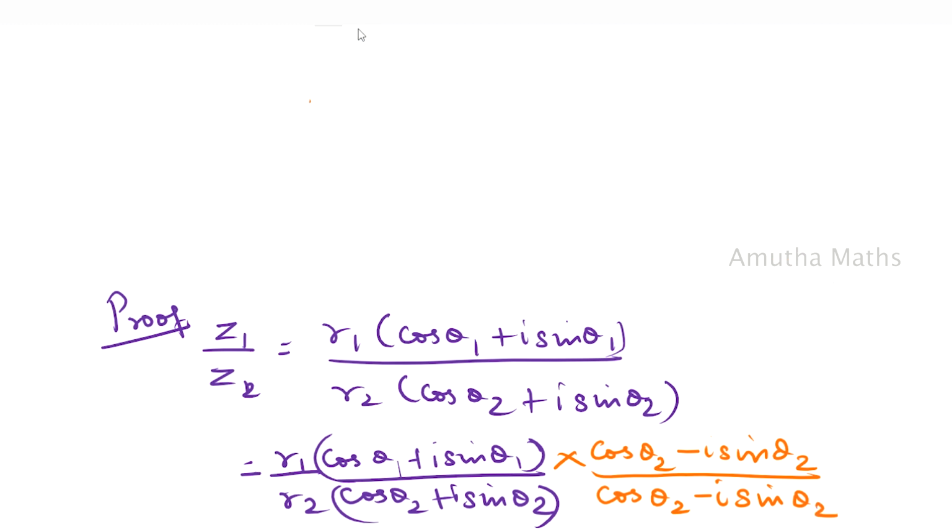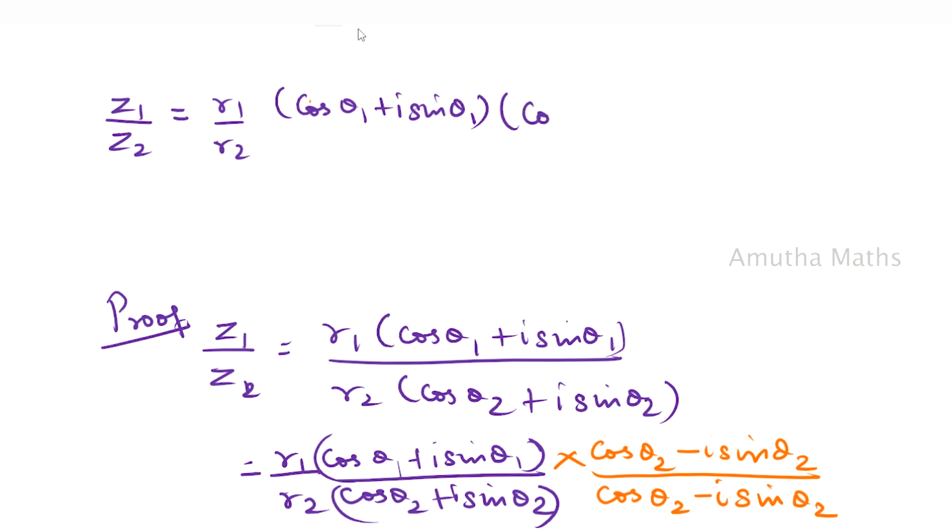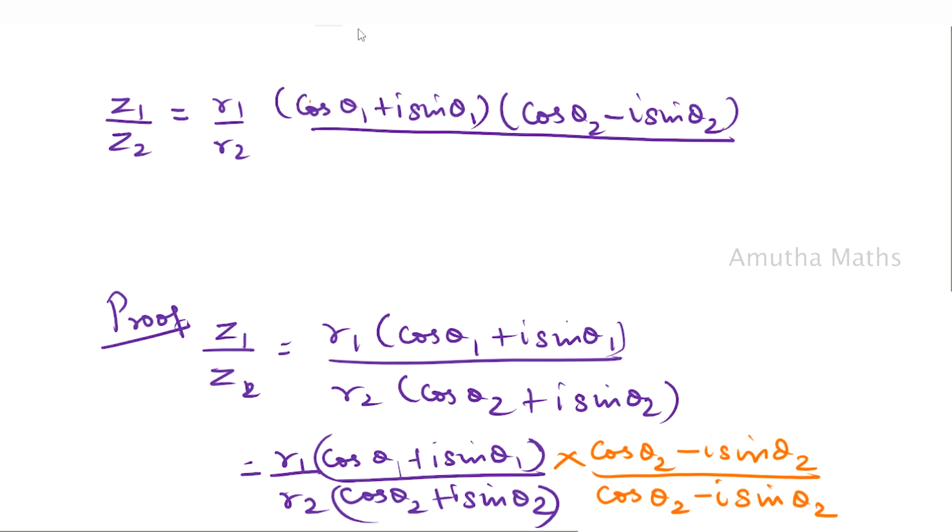So now Z1 by Z2 is equal to R1 by R2 into, you multiply both the numerators. What will you get? Cos theta 1 plus I sin theta 1 into cos theta 2 minus I sin theta 2, divided by, what will you get? What will come in the denominator? How is this here? A plus B into A minus B. So this is A plus B into A minus B, so A square minus B square. So what will you get here?